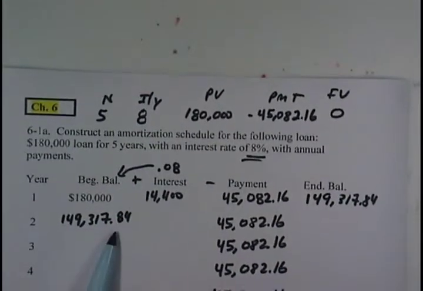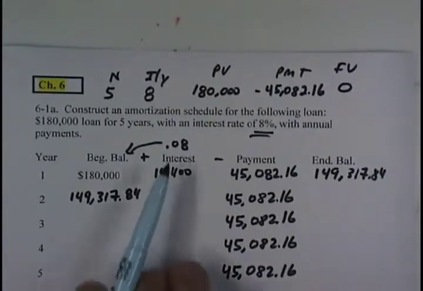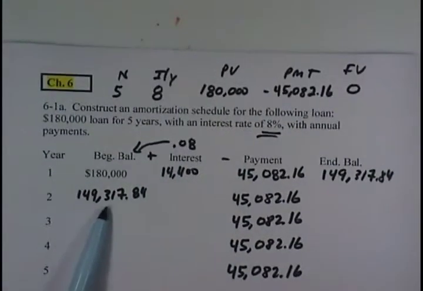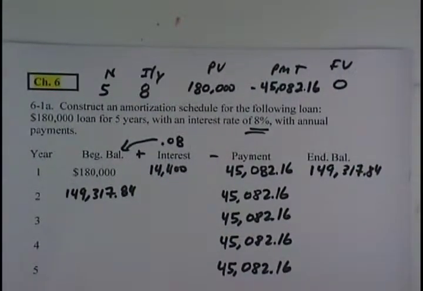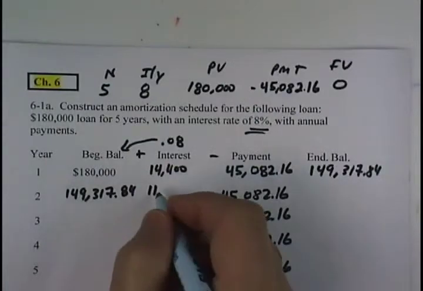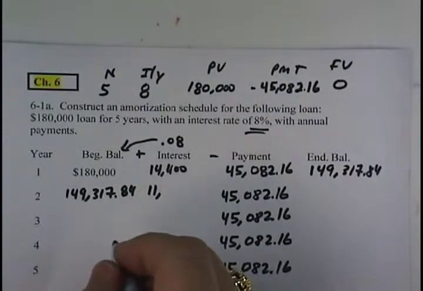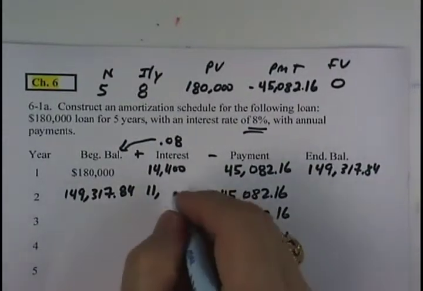So in the second row of the amortization table, my 8% interest will be multiplied by the new balance, $149,317.84. So the interest charged in row 2 is $11,945.43.